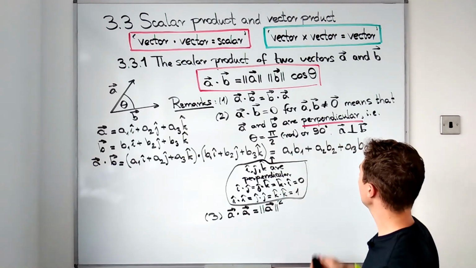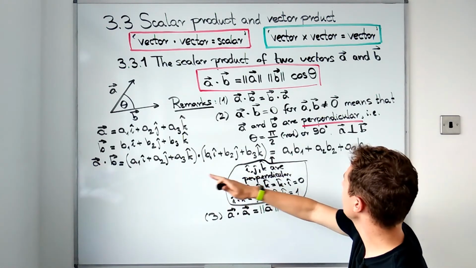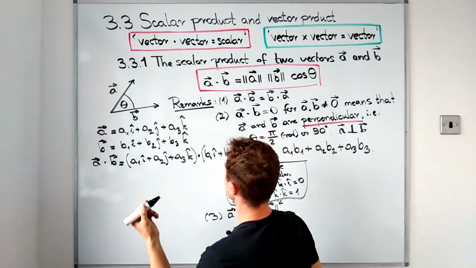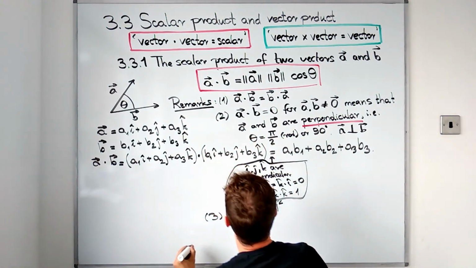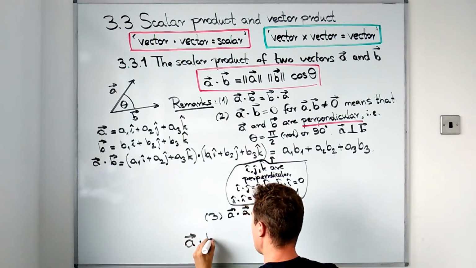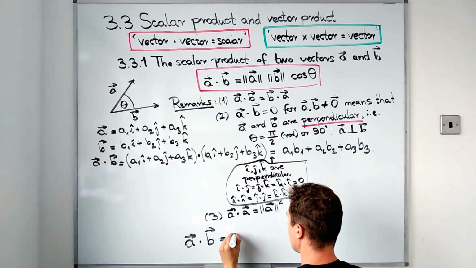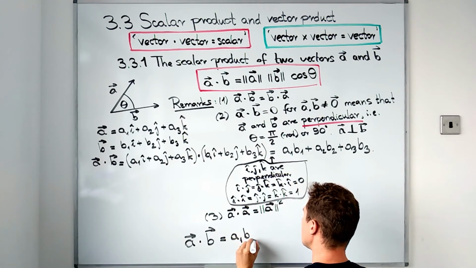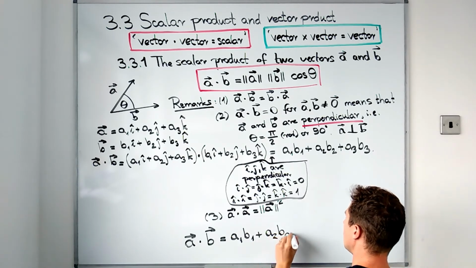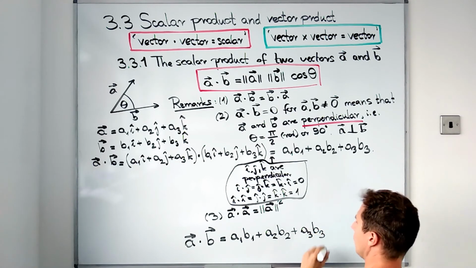Now we have obtained a nice formula for the scalar product of two vectors using only their coordinates. So let me write that separately. We have found that the scalar product of a and b can be expressed using their coordinates as a1 times b1 plus a2 times b2 plus a3 times b3.